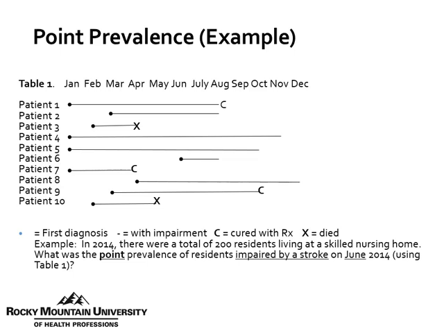And what we see here are 10 individuals who are impaired by a stroke at some point during January to December of 2014. What is the prevalence of individuals in June of 2014 who are impaired by a stroke?